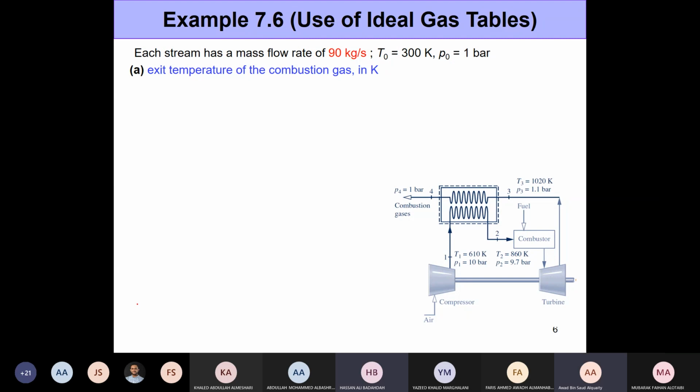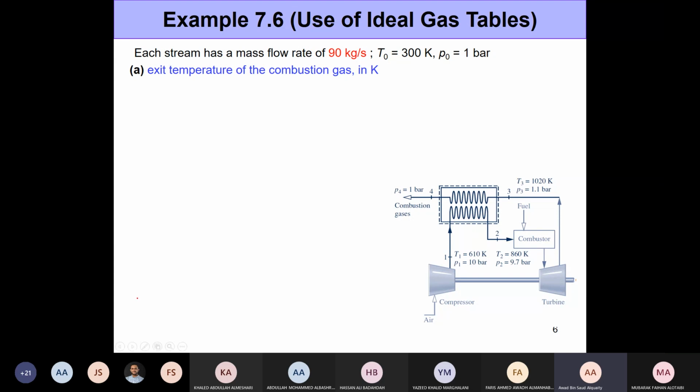We can find T4. If we find the heat from 1 to 2, we can use the same heat from 3 to 4 and find the enthalpy. From the enthalpy we find the temperature from the table. Yes, exactly.